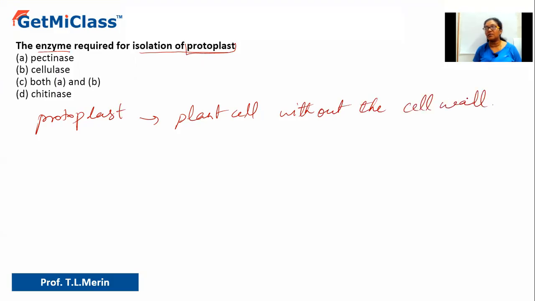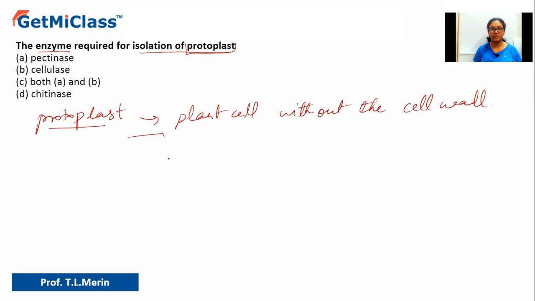Not only plant cells, even bacterial cells contain a cell wall. If you remove the cell wall, what you get is called a protoplast. But here, since we are talking about the strategies applied in plant breeding and plant tissue culture, etc., that is why we are using this terminology protoplast with respect to the plant cell. So once you remove the cell wall, it is called a protoplast.